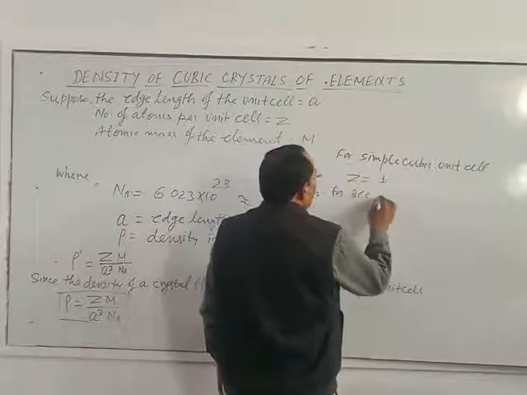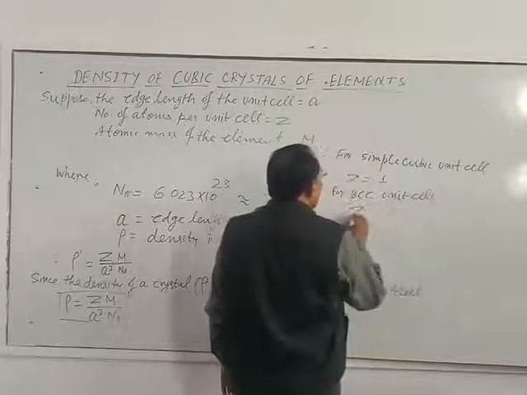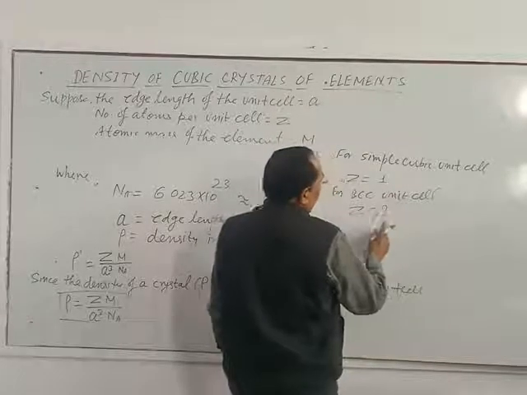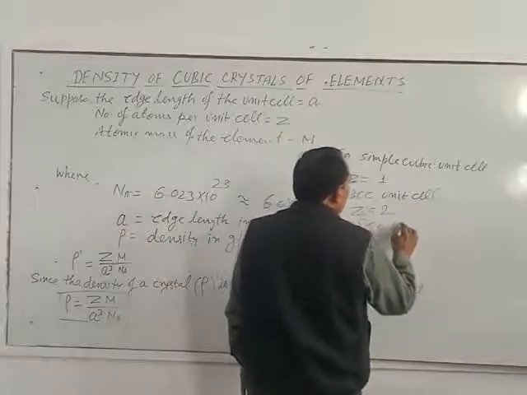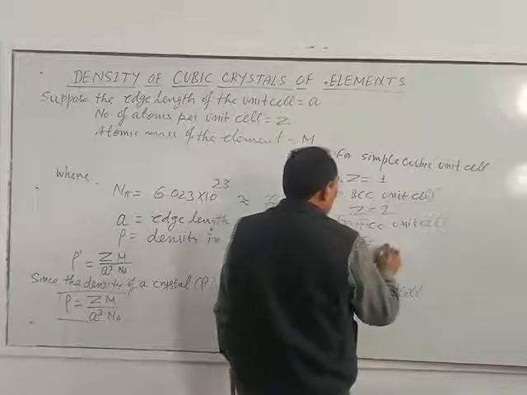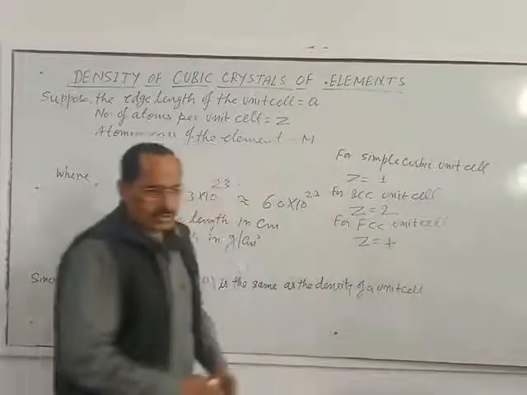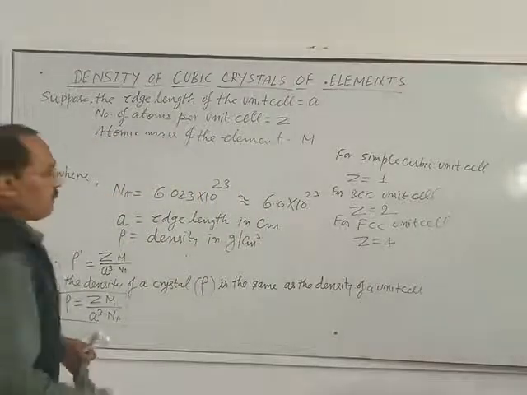For BCC unit cell, Z equal to 2. For FCC unit cell, Z equal to 4. These are the values of Z for different types of unit cells.